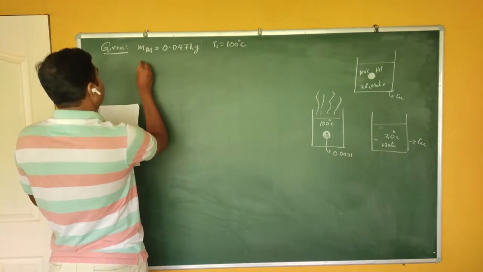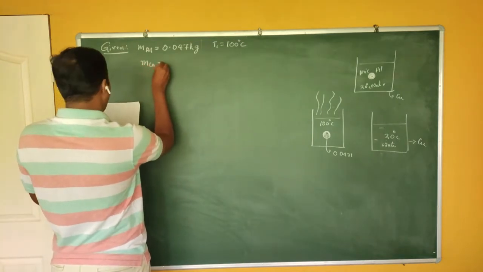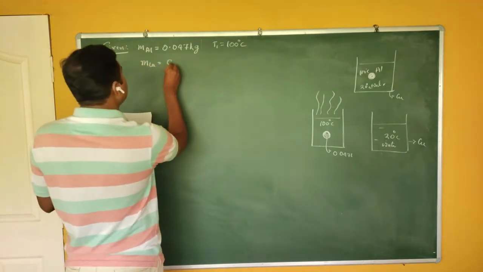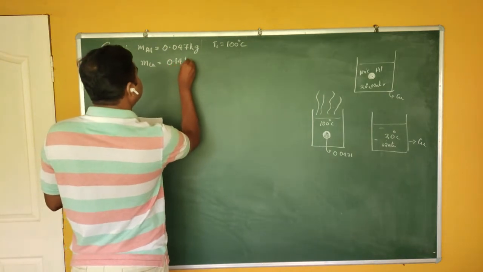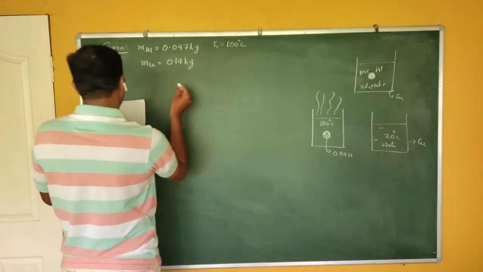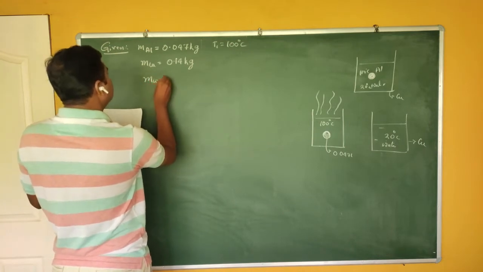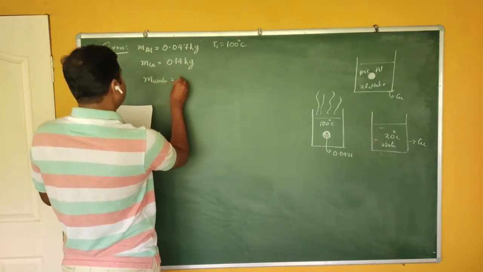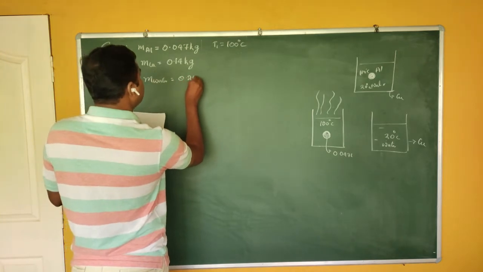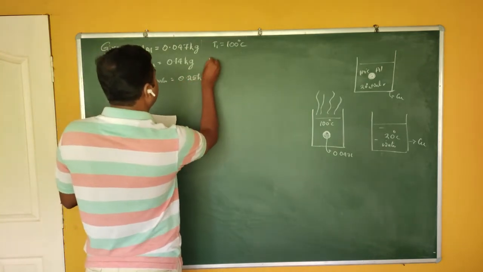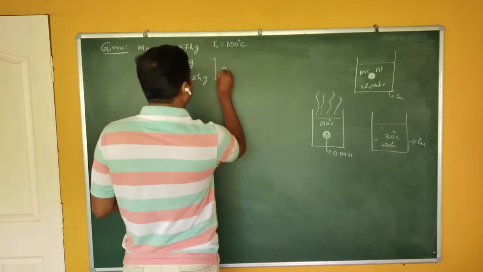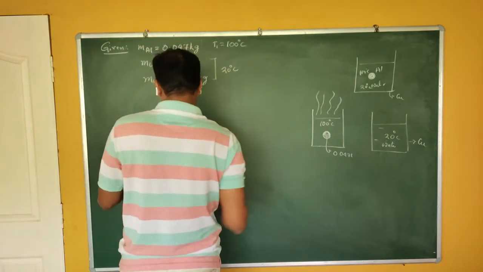Then they have given the mass of copper, which is 0.14 kg, and the mass of water is 0.25 kg. Initially both are at the same temperature, that is 20 degrees centigrade.